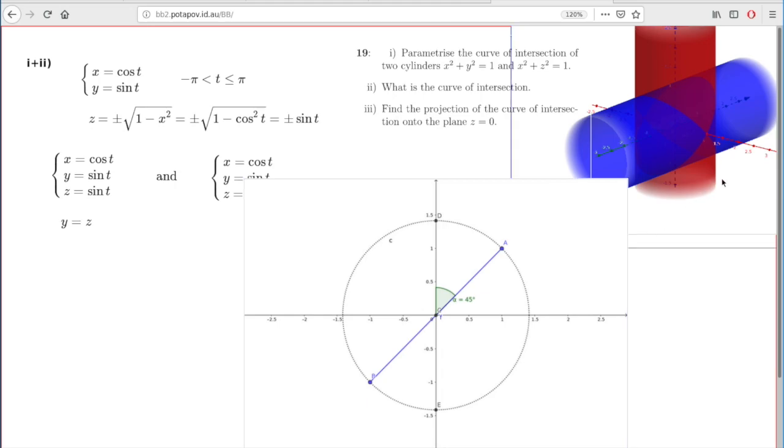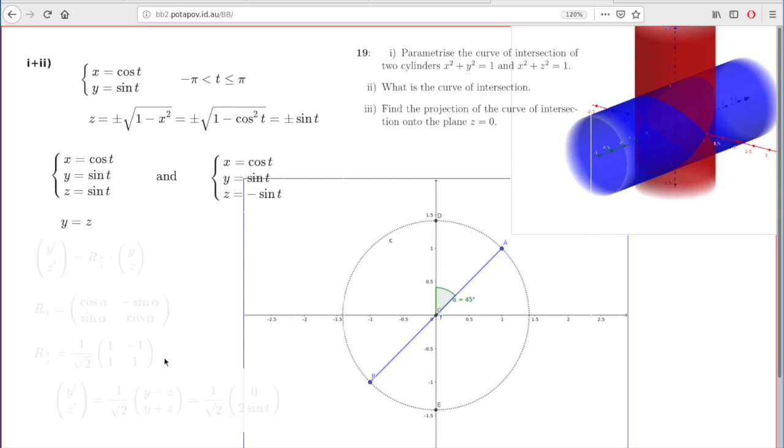If you look from this direction, they will be sitting in this plane. So what I propose to do is to rotate this plane by 45 degrees and see what happens.